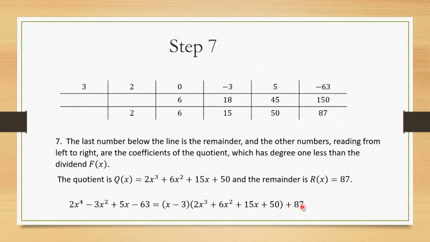Because by the division algorithm, its degree is either 0 or less than the degree of the divisor. Now the divisor is x minus 3, which has degree 1. So it's got to be a number here. A non-zero number has degree 0.